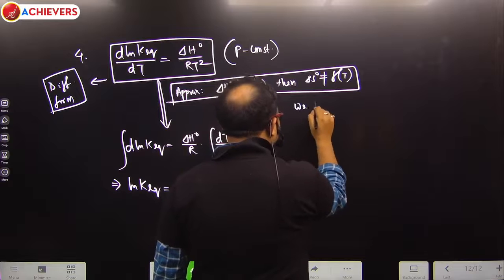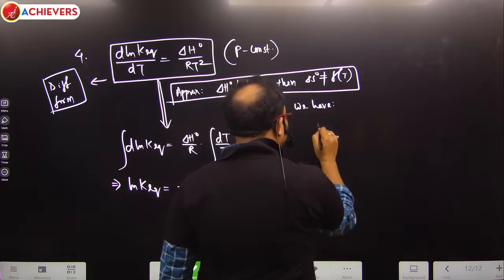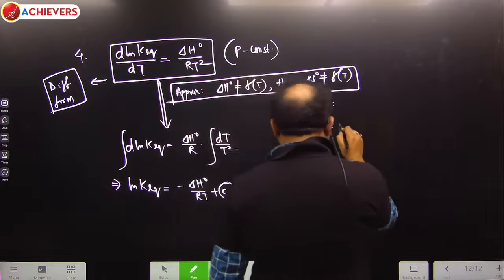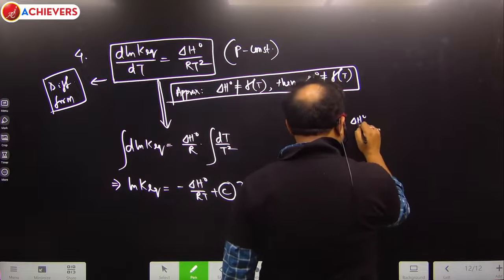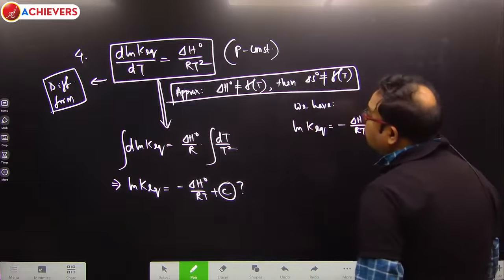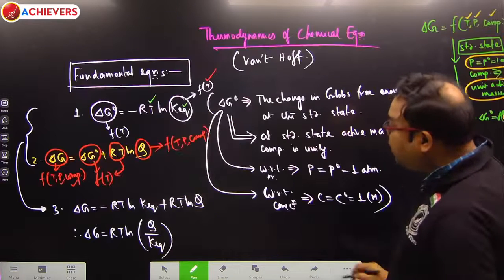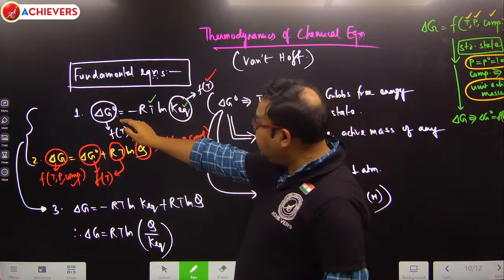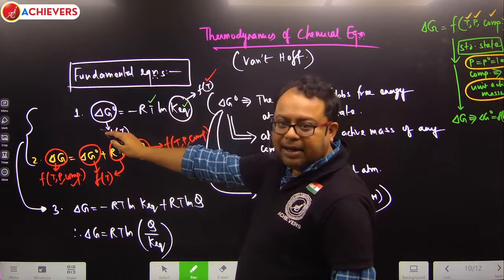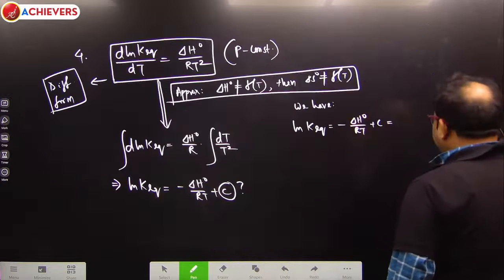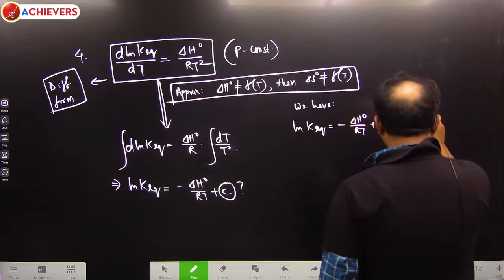We have ln Kq equal to minus delta H naught by RT plus C from here, and from the first equation we have ln Kq equal to minus delta G0 by RT.